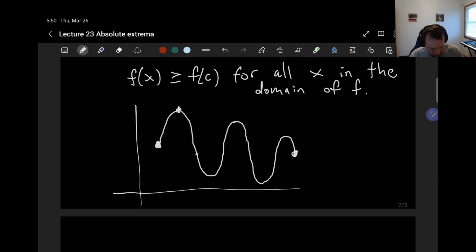So first, let's look for local maximums and minimums. That's relative extrema. Well, that means that it's an extreme value within its little neighborhood. Like this up here. This right here is a local maximum. It's got a little neighborhood here where it's the big dog. It's the high point. And right here.